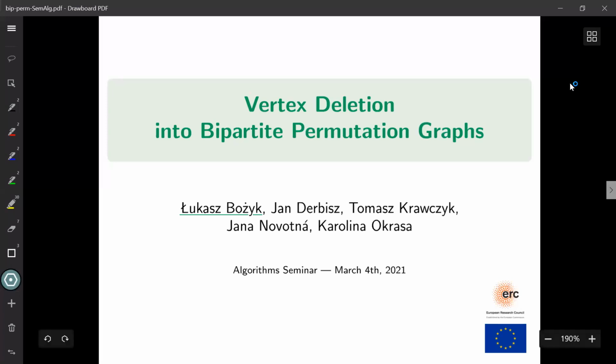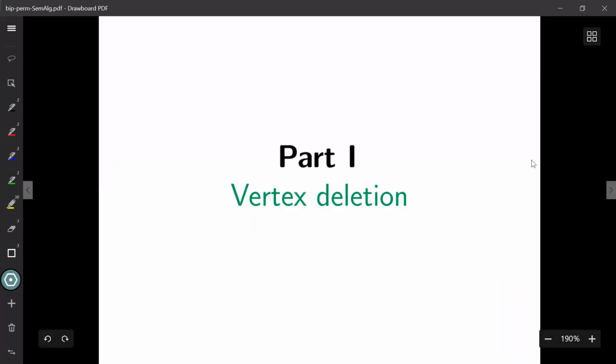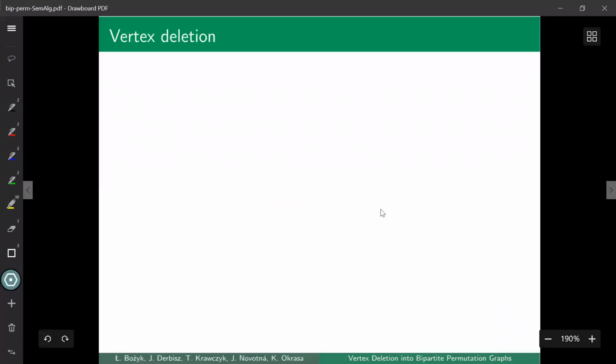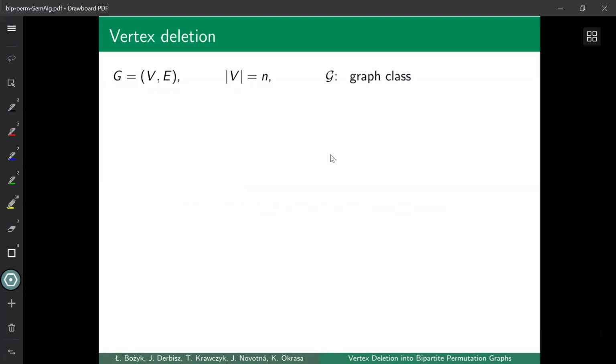Okay, so let's start. First of all, vertex deletion, as promised. Let me quickly recall what it is for those of you who know, and introduce it to those of you who don't know that much. Suppose we have an n-vertex graph and a graph class, which is our favorite graph class for some reason.